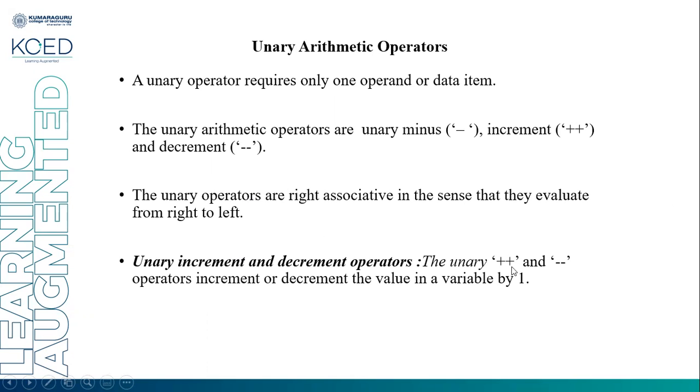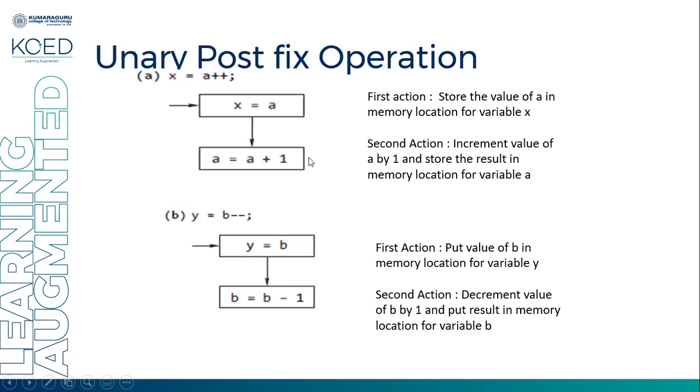If you give an increment, you increase the value of the variable by one. If you give a decrement operator, it will decrease the value of the variable by one. So unary operators always deal with a single operand. The unary minus, unary increment and decrement are the three types of unary arithmetic operators.